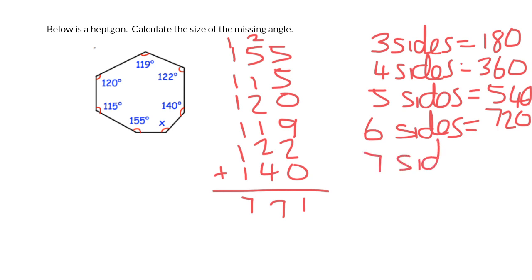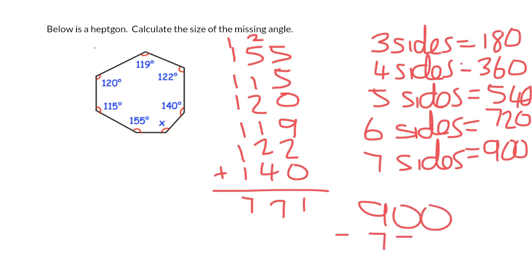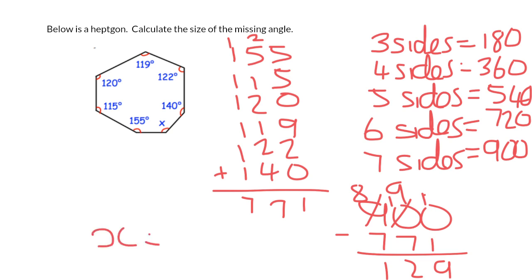So 7 sides would be 900 degrees. So I've got 900, take away the 771, which is going to be 129 degrees. So x would equal 129 degrees.